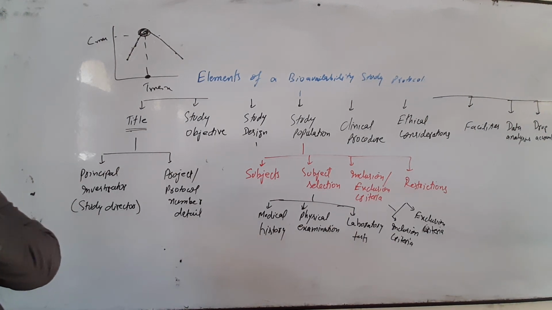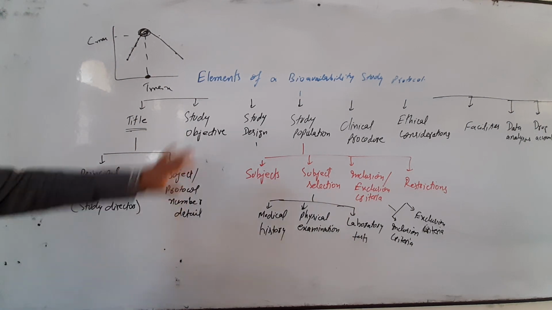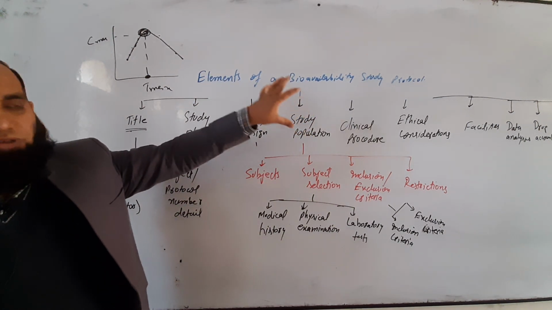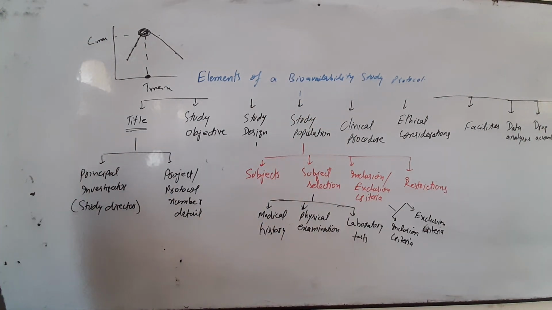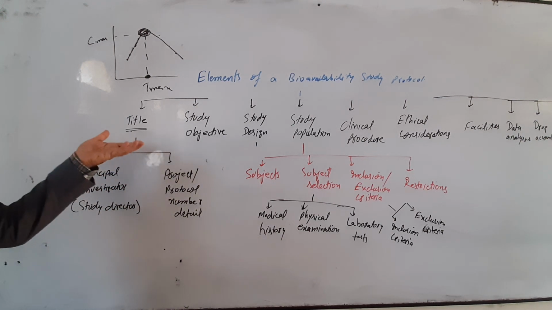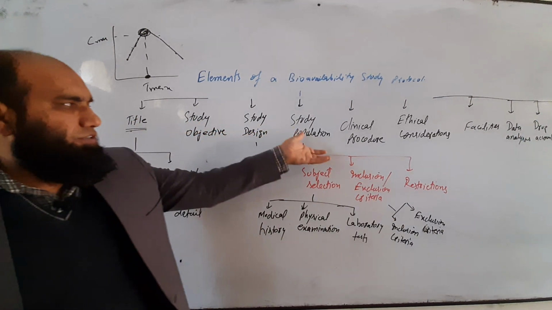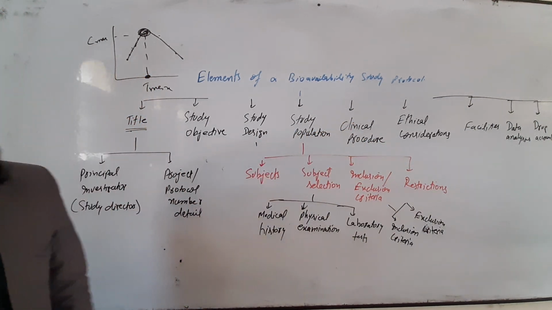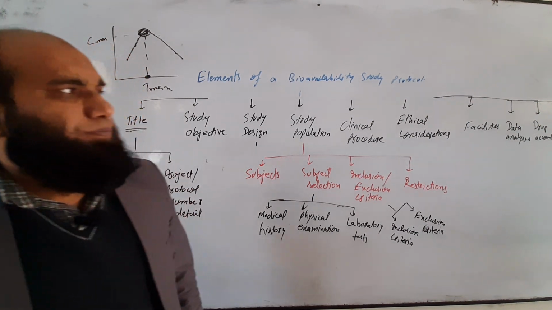Okay, let's take some review. Elements of the bioavailability studies of the protocol. These study protocols are our topic of study. Among the elements, we have title, study objectives, study design, study population, clinical procedure, ethical considerations, facilities, data analysis, drug availability, and then appendices.